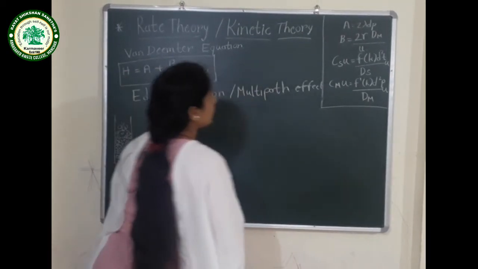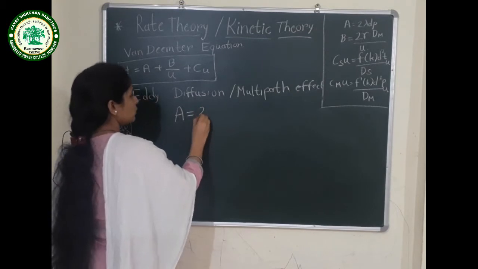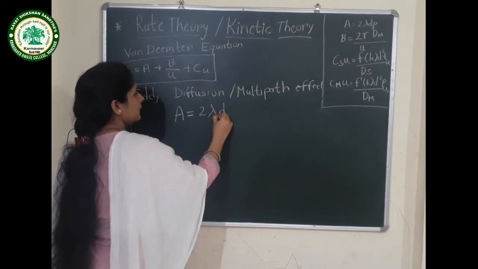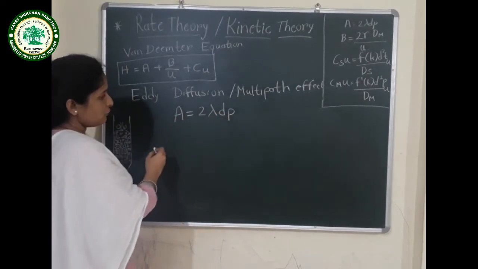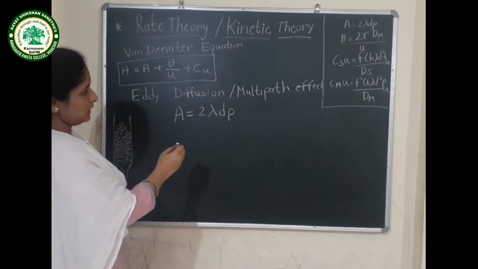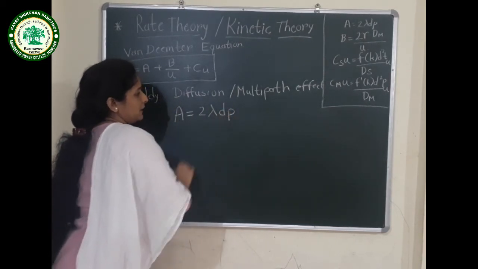Now one thing remaining. Eddy's diffusion is given by the equation A is equal to 2 lambda dp. Now this A is Eddy's diffusion, lambda is a constant and dp is the diameter of the particle.